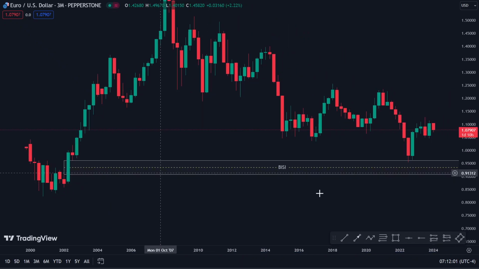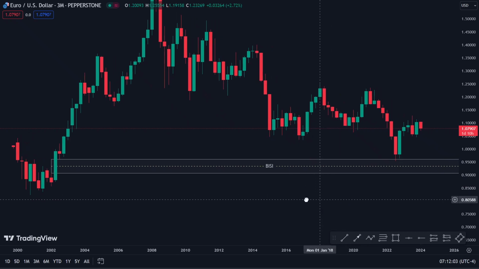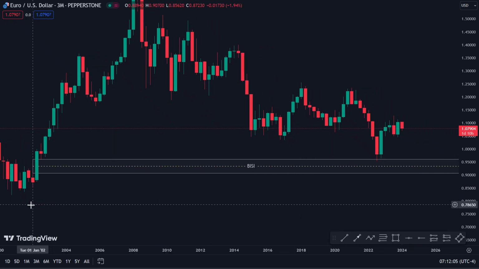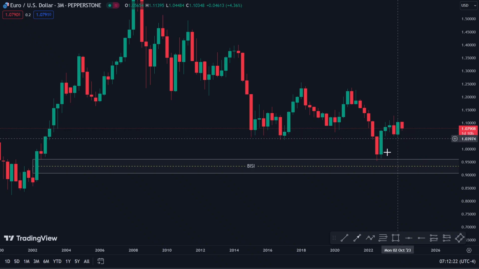Now casting forward in time, this fair value gap was created on Monday 1st April 2002, and if we extend it forward in time to the current market price, we see it formed a sort of reaction point, meaning this is where price reacted from.